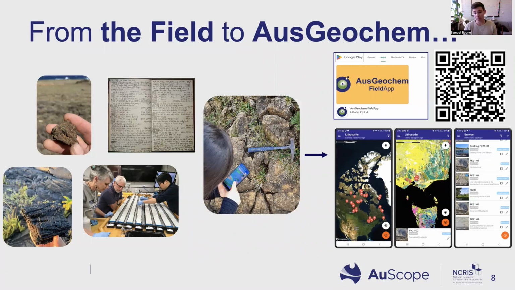And then as soon as you're back online or back in phone connection, all of those sample metadata are automatically uploaded into the AusGeochem platform, meaning that when you get back to your office, you don't have to manually move all of that sample metadata into the platform.